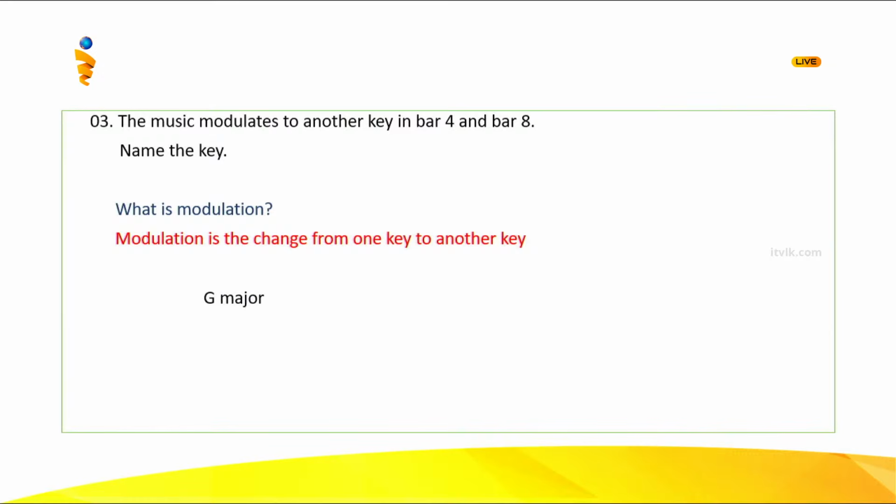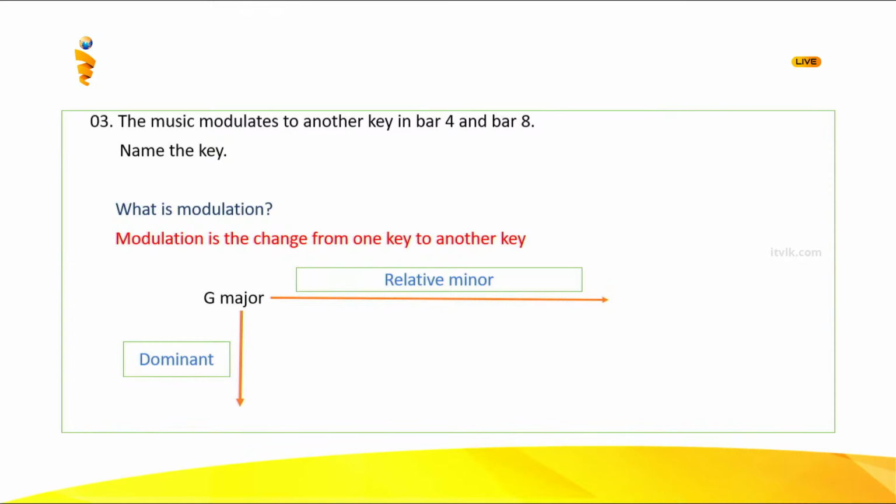So here, this is in G major. It can be modulated to the relative minor, or G major can be modulated to the dominant. If it is modulated to the relative minor, the answer is E minor, and the key signature is F sharp. The key signature is not changing, but the seventh note is raised.